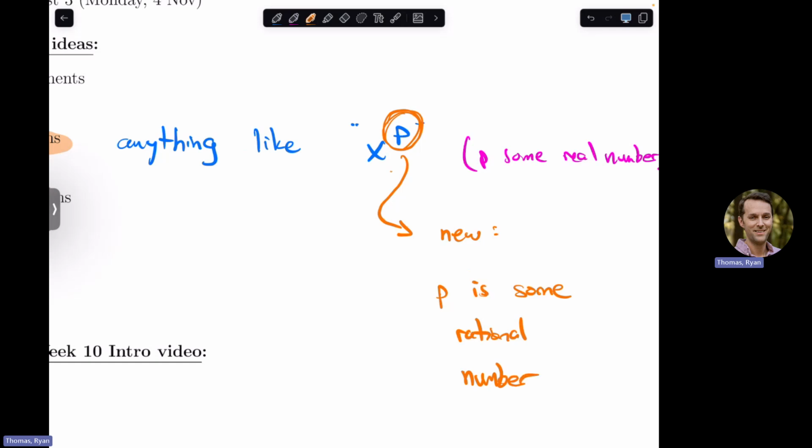Is it going to keep doing that? Rational, okay. Maybe if I just don't move. People watching the recording, they're going to be very confused.